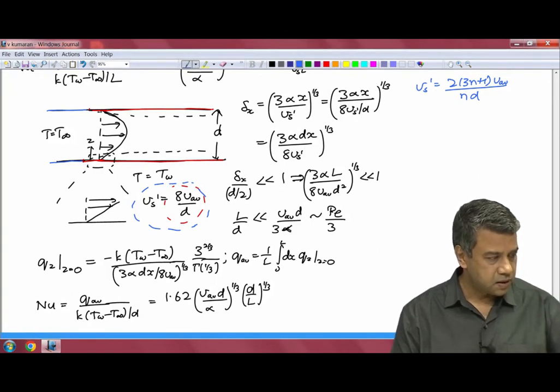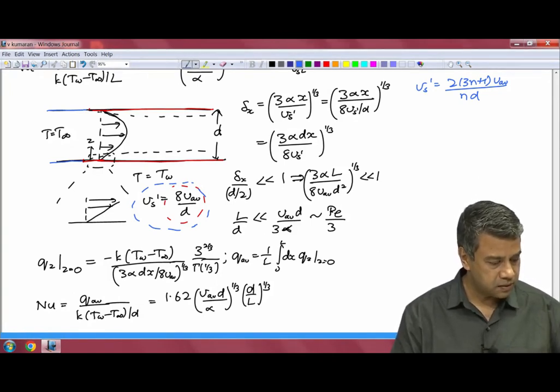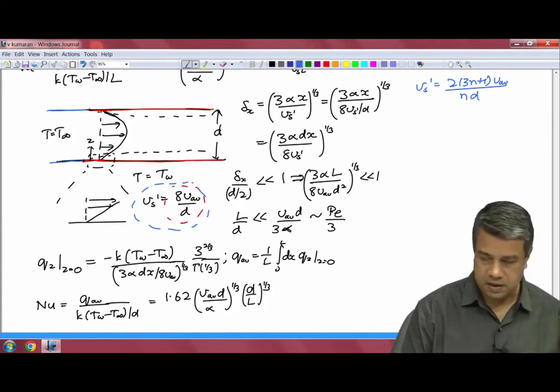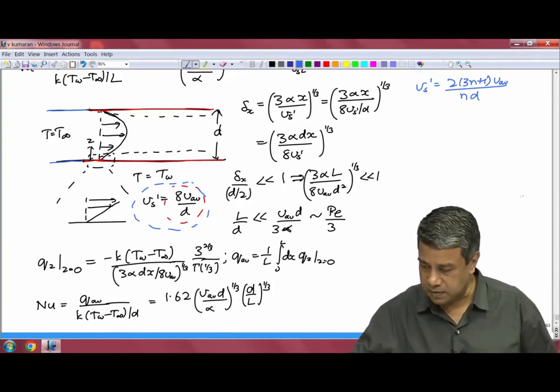So, now we will start looking at a slightly more complicated example, and that complicated example is the flow around a spherical particle.